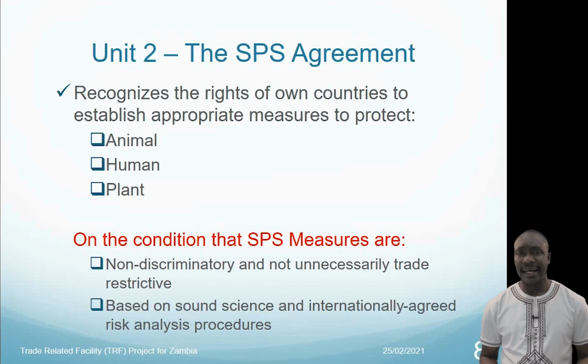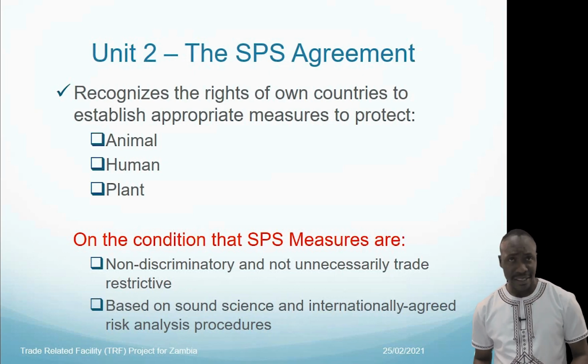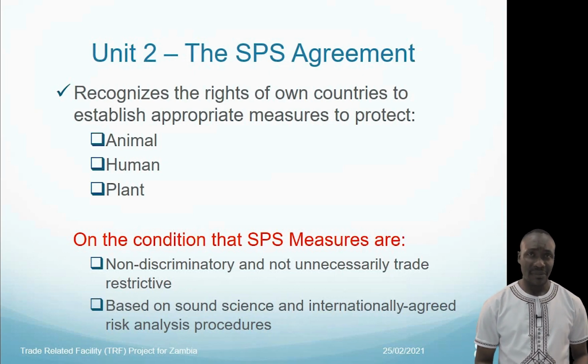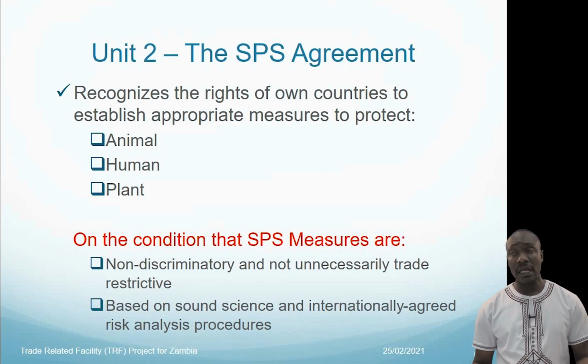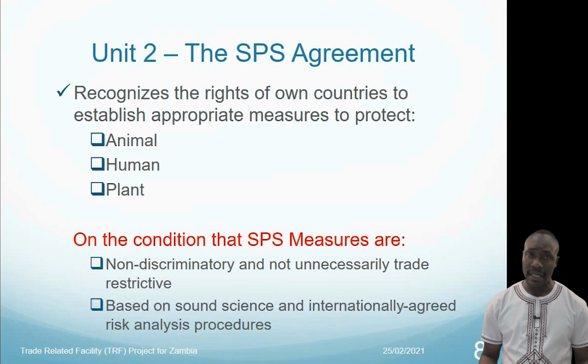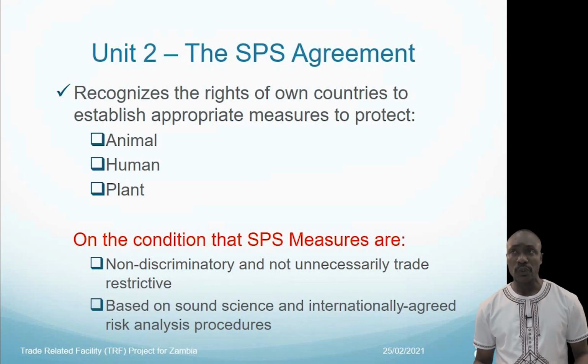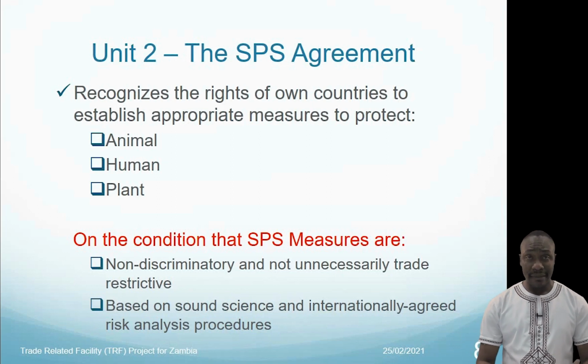Every country has a right to ensure that the consumers, in this case the citizens, are importing food that is safe for them, importing food that is safe for their animals, food or feed or other nutritional substances that are fit for the plants.